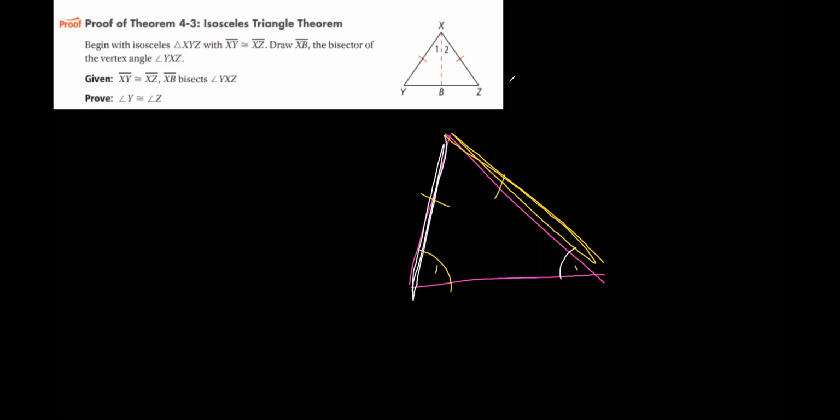This is theorem 4.3. The converse of this theorem, which is 4.4, said that if these two angles are congruent, so their opposite sides will be congruent too.